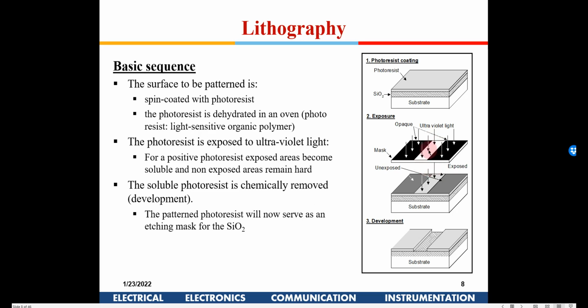Now if you see here, the small boxes, this is a very simplified picture. You can imagine in this mask there will be several hundreds of small areas, small holes through which the light will pass and light will not pass, and it is that particular definition which decides the technology. That also plays a big role in deciding the technology, right? So how small the holes you can make in the mask.